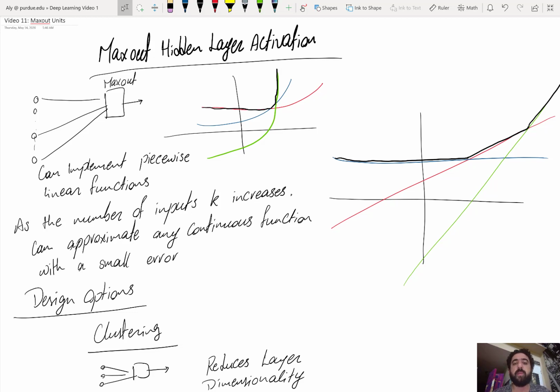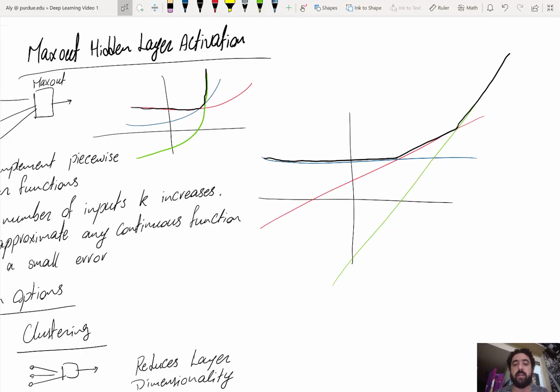So think of this figure like you have 3 curves, red, blue, and green. It takes the maximum of them. This is the black highlighting, right? A more accurate representation, because all of these inputs are linear transformations, does look like this. You have here blue, green, and red lines.